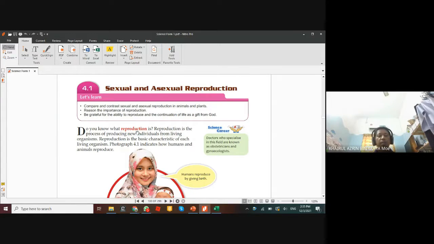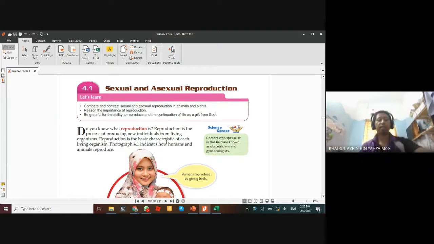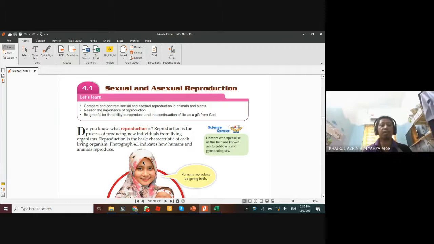Do you know what reproduction is? Reproduction is the process of producing new individuals from living organisms. Reproduction is the basic characteristic of each living organism. The photograph below indicates how humans and animals reproduce.